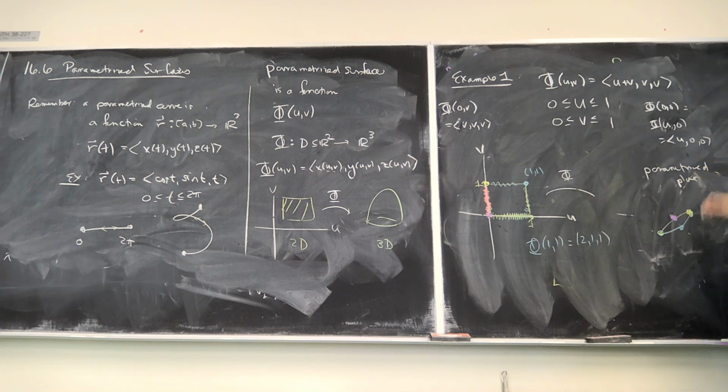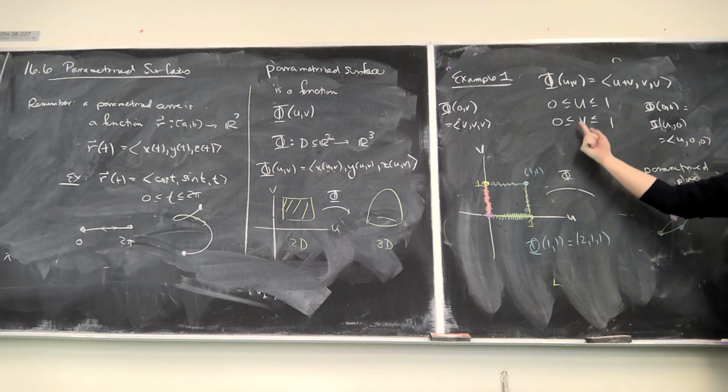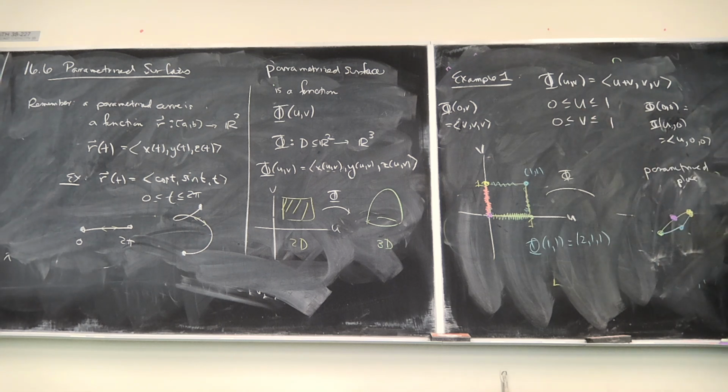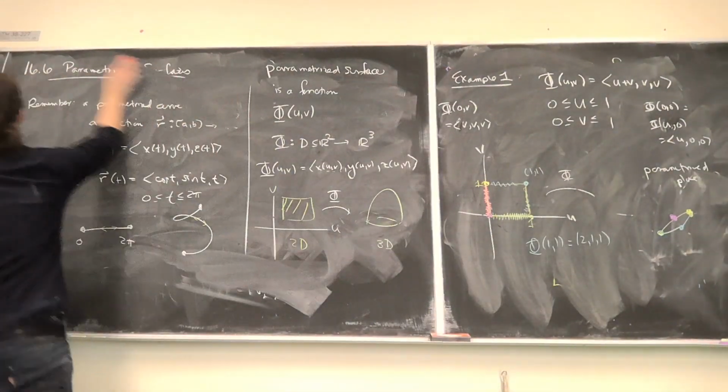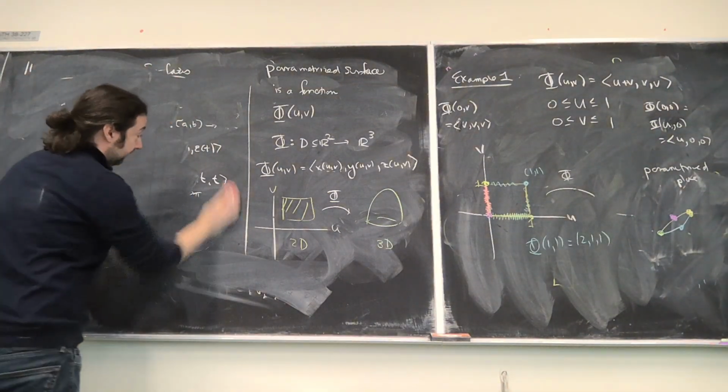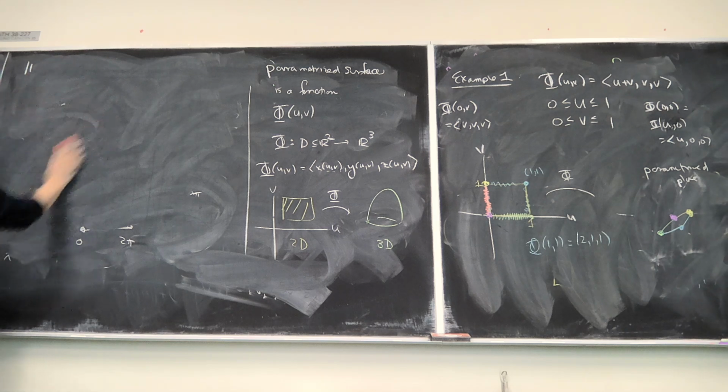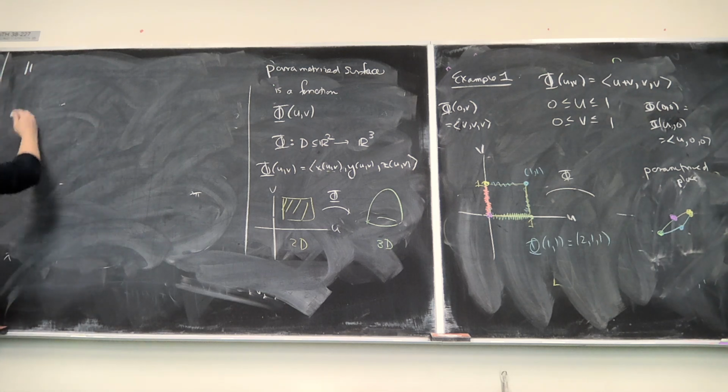And it's not the whole plane, it's just the piece of it that corresponds to u going between 0 and 1 and v going between 0 and 1. So it took that rectangle and it turned it up. And more generally, you can make any plane like this into a parametric function with a sort of standard construction.